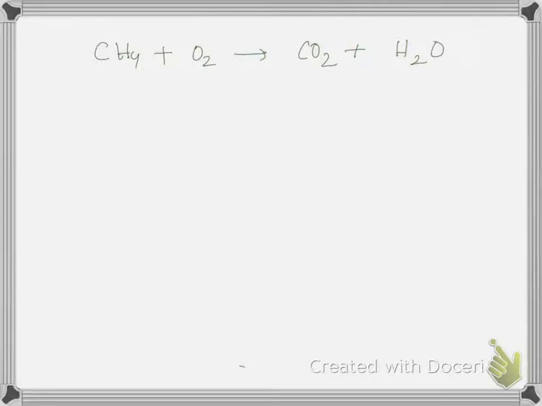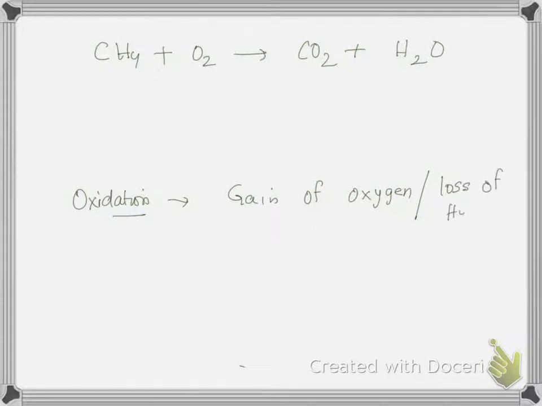And the easy way to find is, yes, we said what is oxidation? Oxidation is loss of electrons. But you can also define oxidation as gain of oxygen. If something is getting oxidized, that means it is gaining oxygen, or loss of hydrogen atoms.